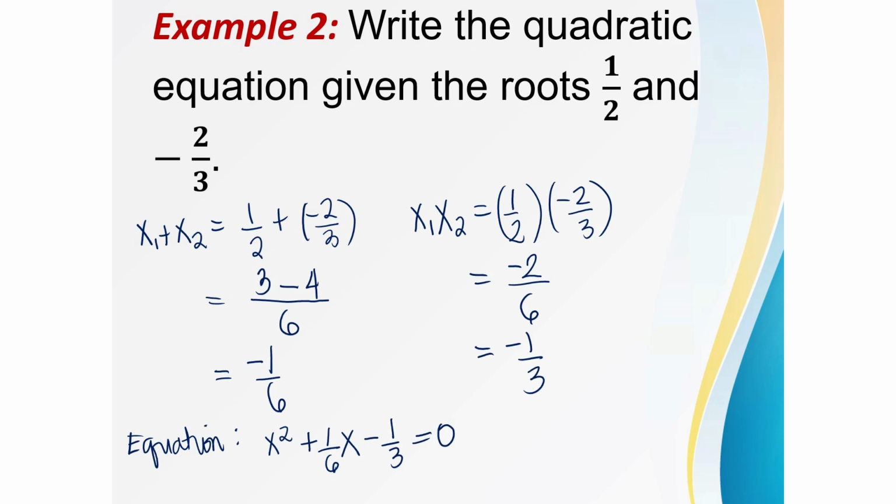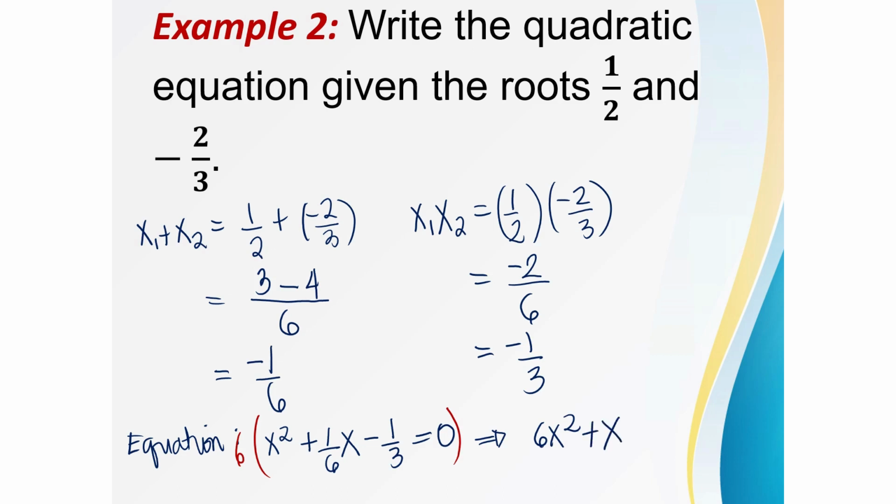So, in the equation, eliminate the denominator. So, 6 and 3, multiply both sides by the LCD. So, multiply both sides by 6 to cancel the denominators. So, 6 times x squared is 6x squared, while 6 times 1/6x is cancel na yung 6 dun sa 1/6, x na lang yung matitira.